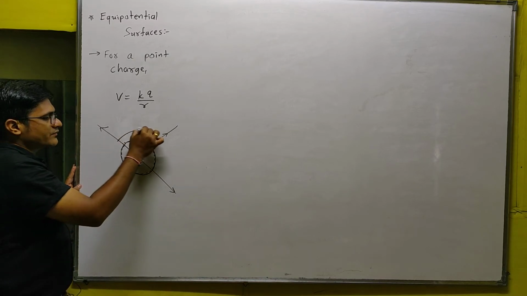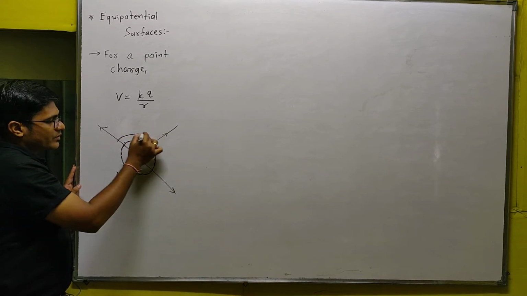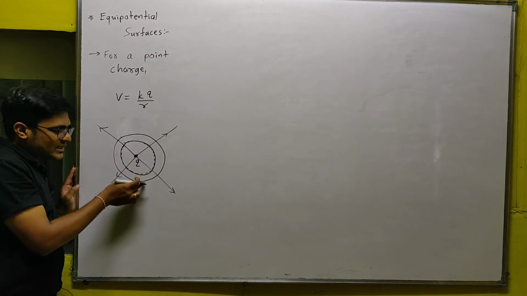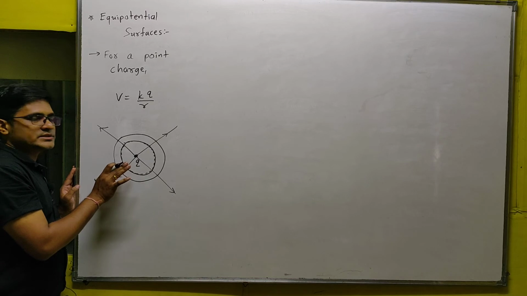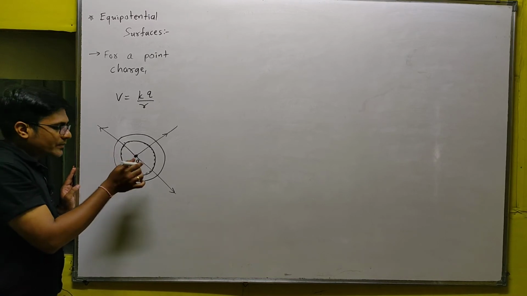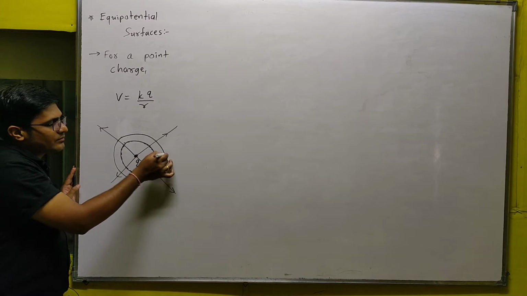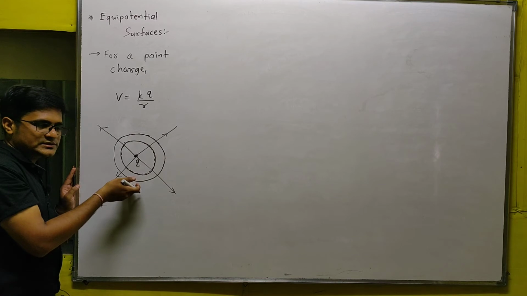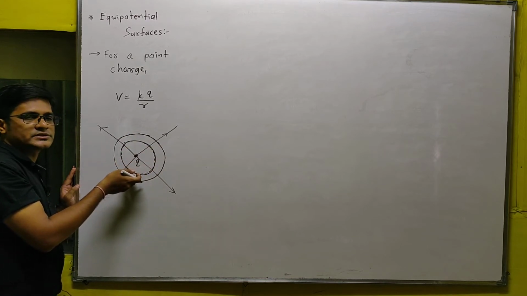So the equipotential surface for a point charge is what? Spherical shells. These two shells do not have the same potential as each other, but the points on the whole of one sphere have the same potential. This is one equipotential surface and this is a different equipotential surface.